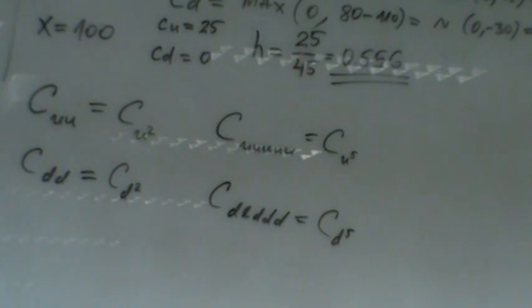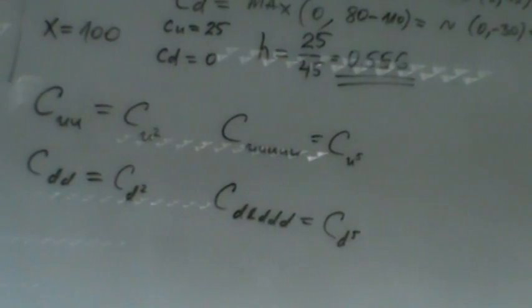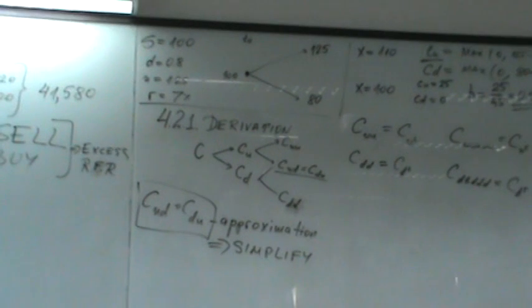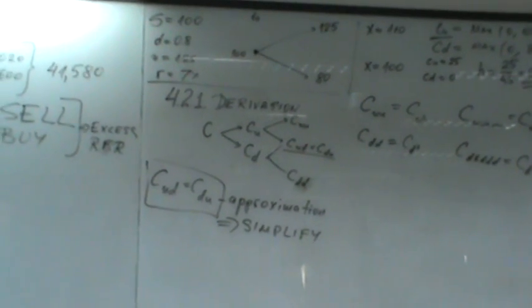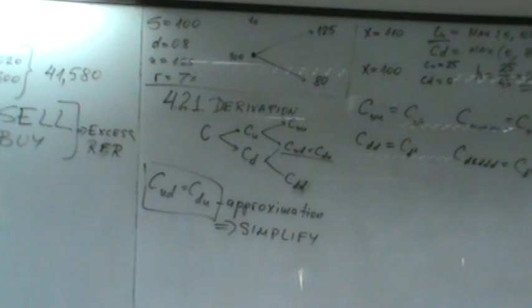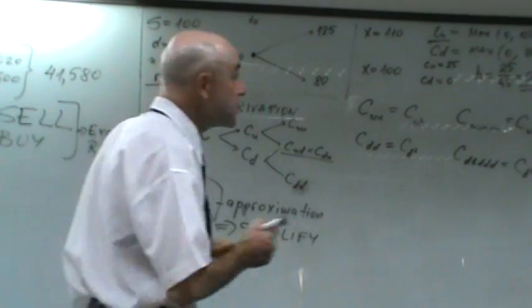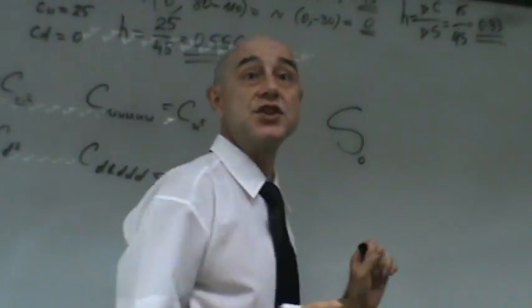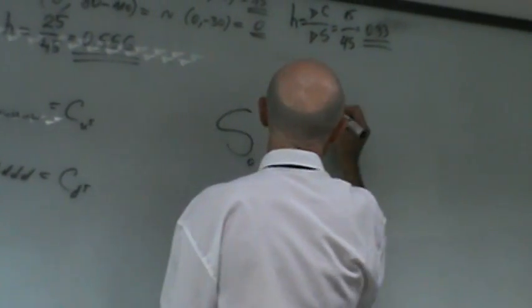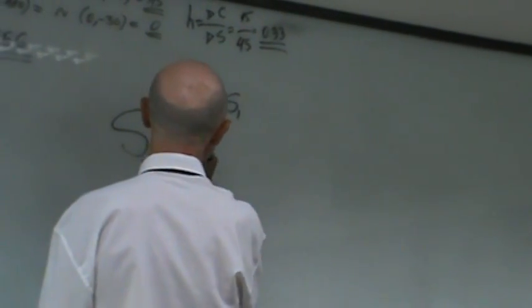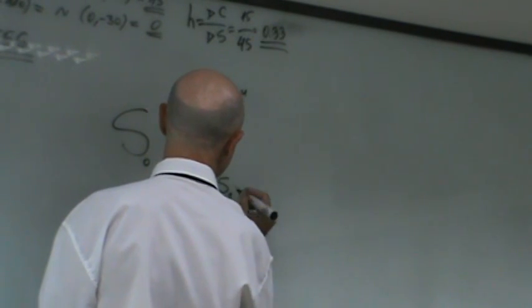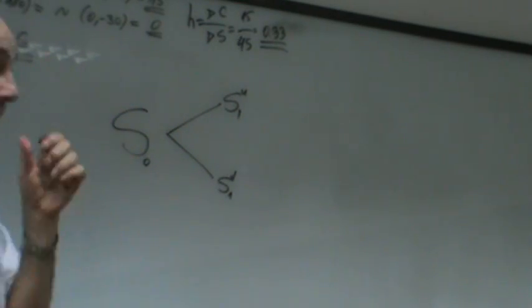All right? So, now we try to do this. Let's first draw a little bit of a picture to see that we got a nice picture. Open page 104. For you is going to be 108. You start out with S, and S becomes S0, and then it becomes S1. Okay, S1 up, S1 down, right?